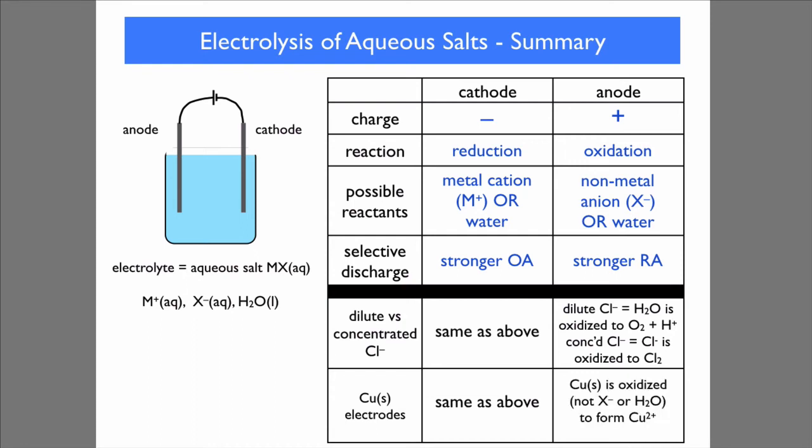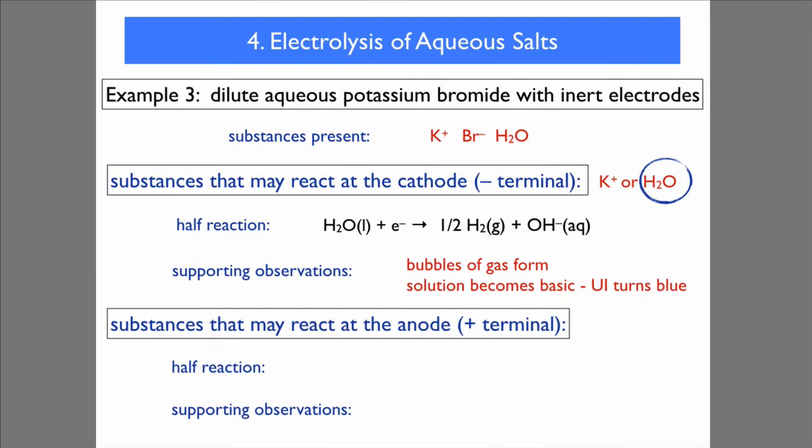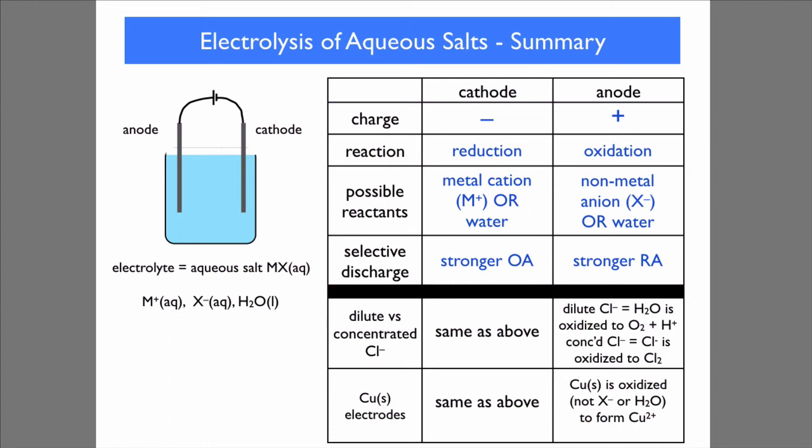And if we use copper electrodes instead of inert electrodes, then copper solid is oxidized in preference instead of the ion or the water to form copper ions. And that is the final slide. Splendid.